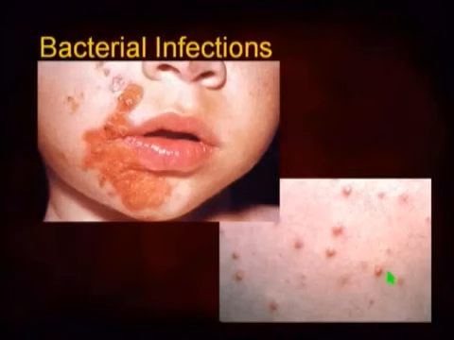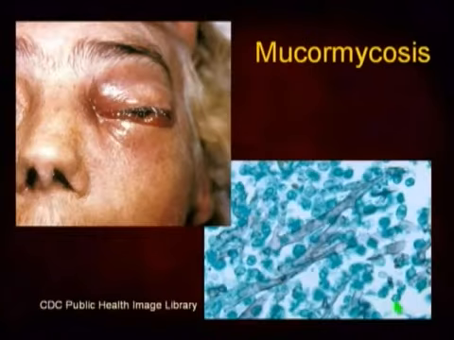Bacterial infections. So I know you all remember this patient from earlier because this patient has impetigo, right, with that honey-colored crust there. And then a patient with folliculitis here. All of these can be more common in patients with diabetes. Mucormycosis, not a lot in the way of cutaneous findings, but remember this is a fungus. A very large hyphae compared to, say, the dermatophyte that we were looking at.